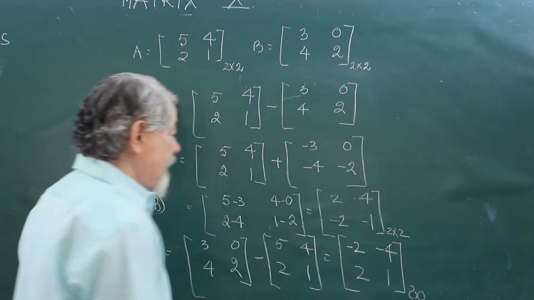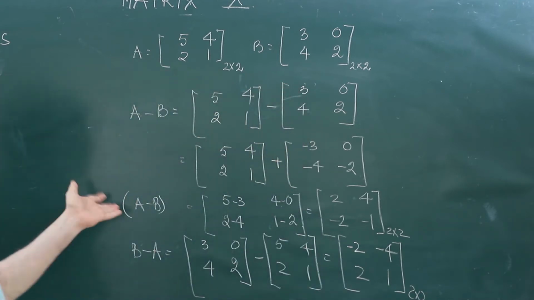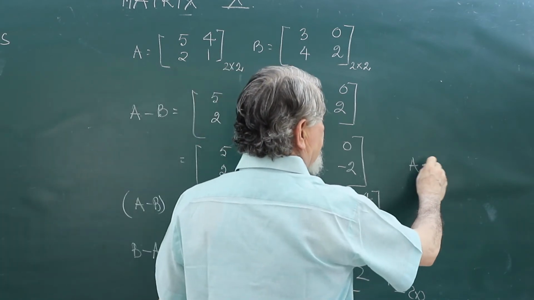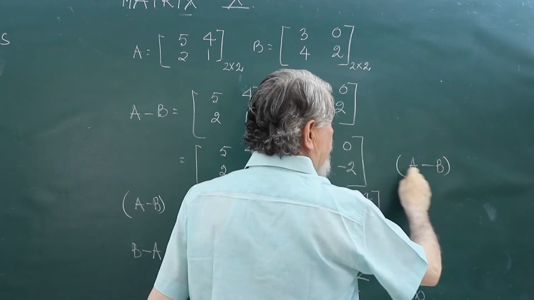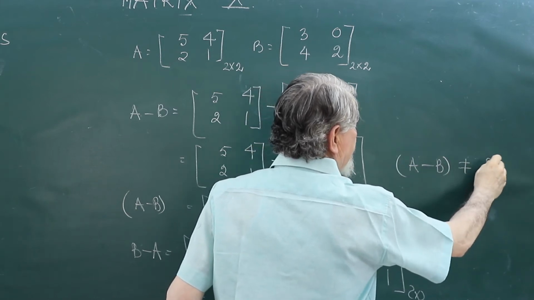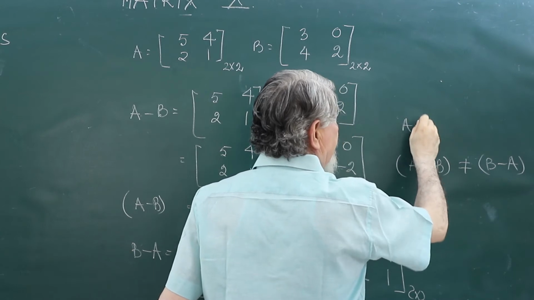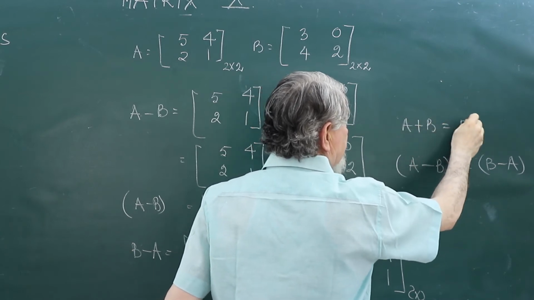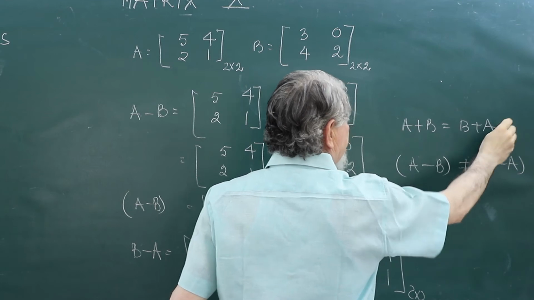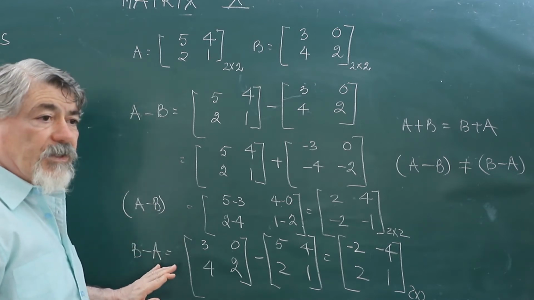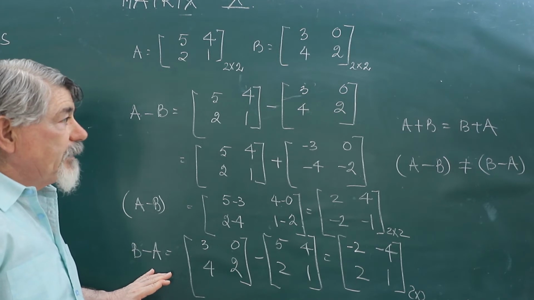Now you will realize that A minus B is not equal to B minus A, while A plus B was equal to B plus A. And that is why we said that commutative property was followed by addition of matrices. But here A minus B is not equal to B minus A.